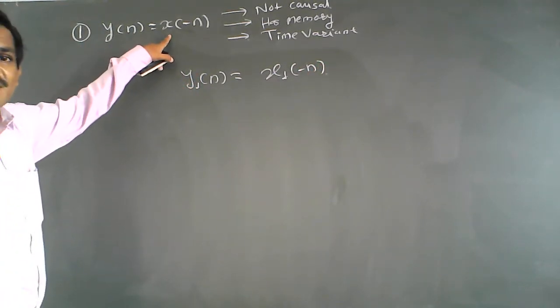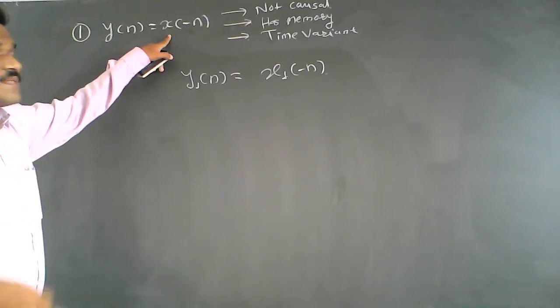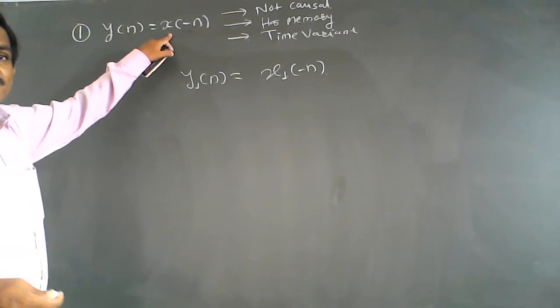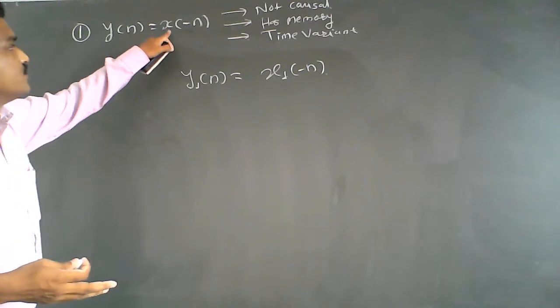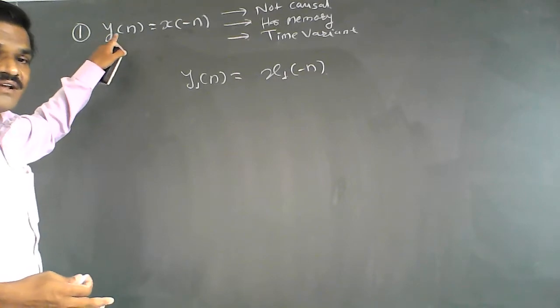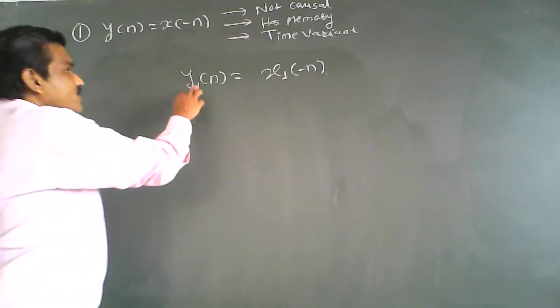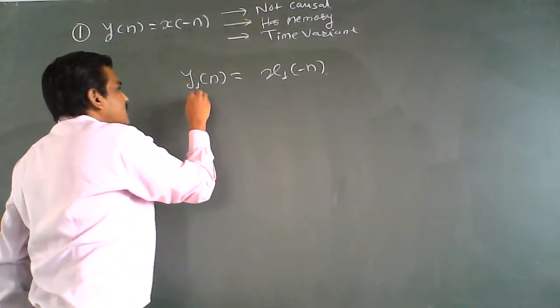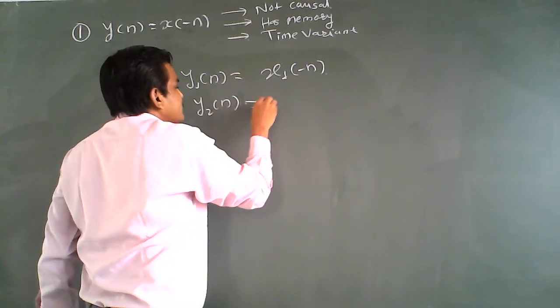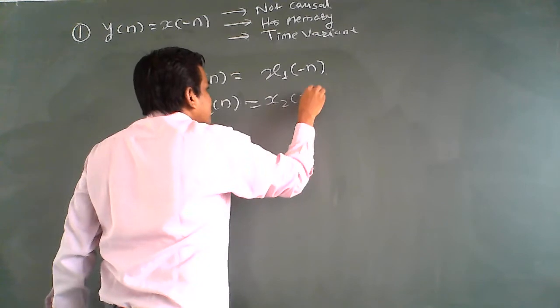We consider two inputs, x1 of n and x2 of n. So y1 of n is x1 of minus n, and y2 of n is x2 of minus n.